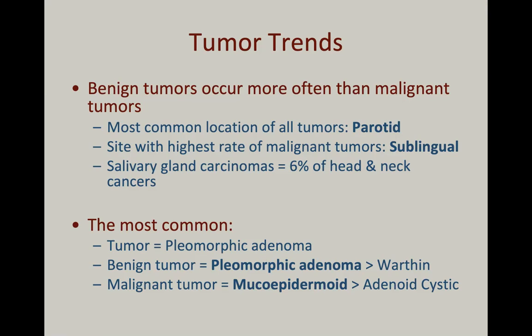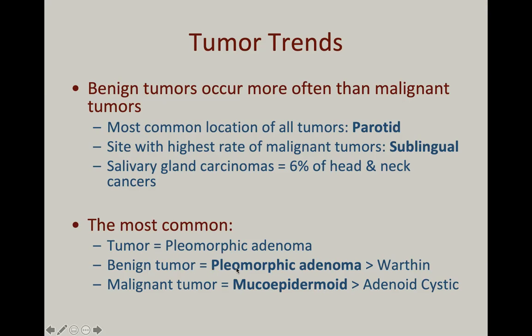But you can get benign and malignant tumors in all locations. Interestingly, the sublingual gland is the site that contains the highest rate of malignant tumors, for reasons that are unclear. But overall, salivary gland carcinomas are about 6% of all head and neck cancers, the vast majority of them, of course, being squamous of mucosal sites.